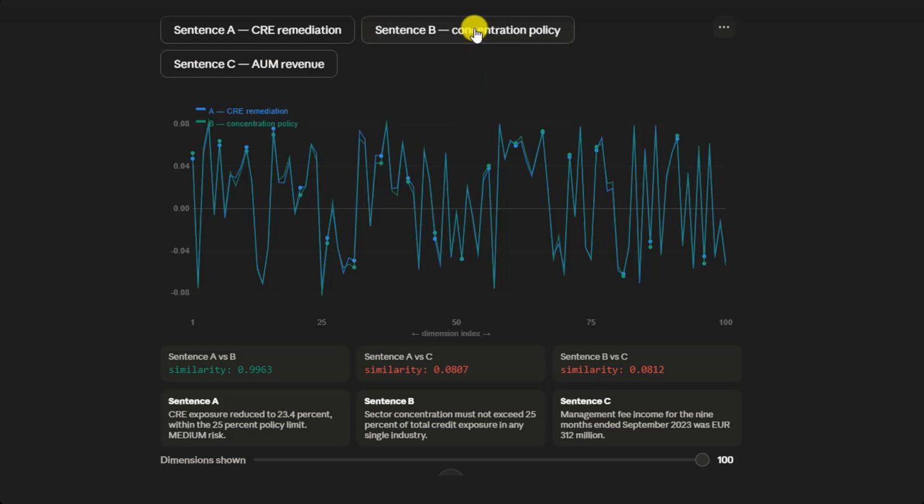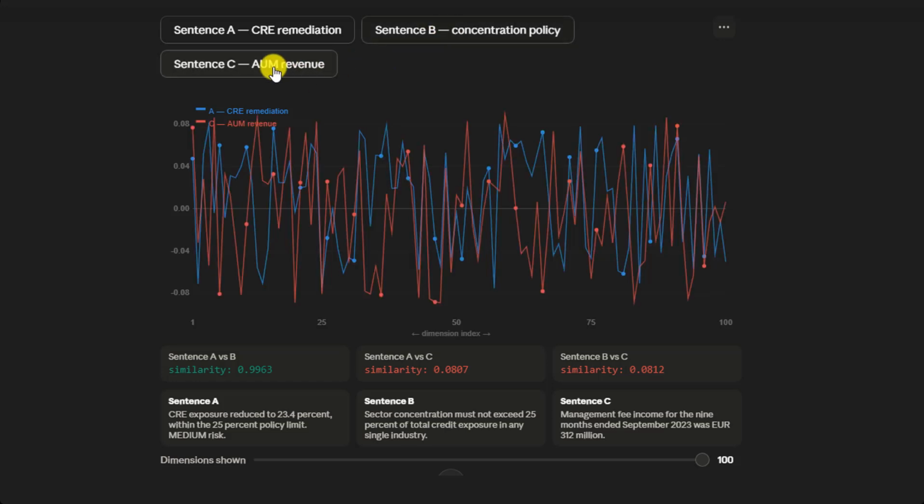Now, if I bring in sentence B, you can see that it's very close. Concentration policy and CRE remediation are very close to each other in terms of meaning, so you can see that A versus B, the similarity is pretty high. It's 0.99. And if you see A versus C, let me remove B and bring in the AUM revenue.